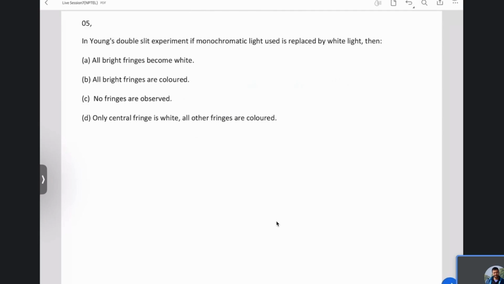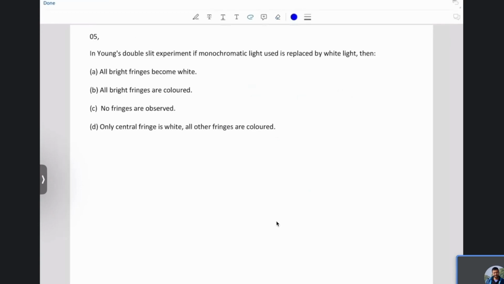In the Young double slit experiment, if monochromatic light used is replaced by white light, then, as in the previous problem we saw, if you have a white light, the central fringe becomes white, and all the other fringes are colored, right?